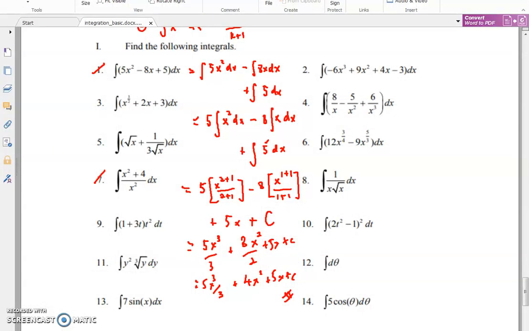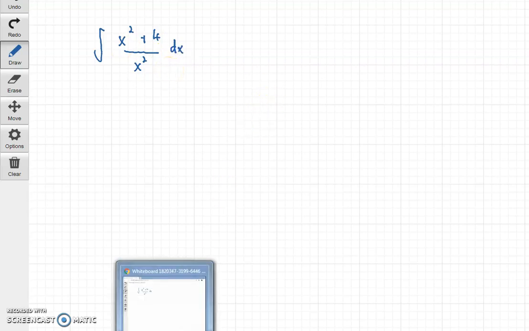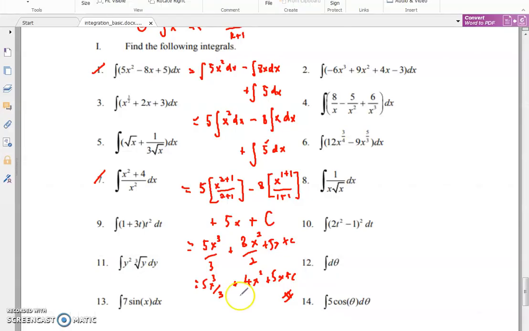So the question here, let us try to remember it. You are going to integrate x squared plus 4 over x squared dx. Let me check again whether we have the correct question. Number 7, x squared plus 4 over x squared.